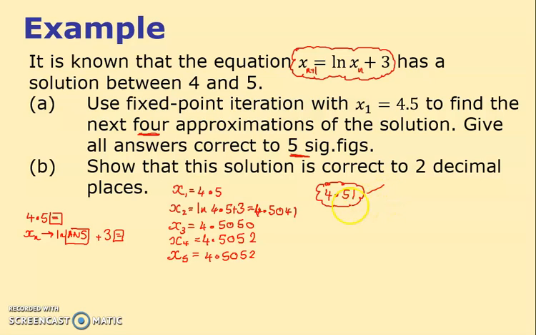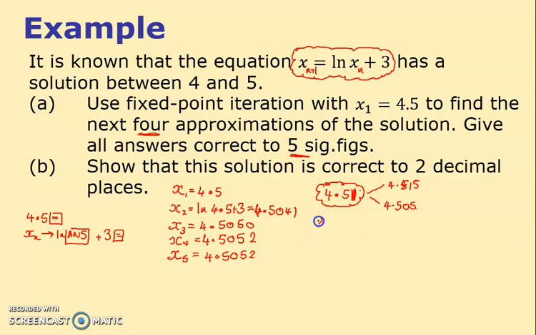If I go a little bit smaller and a little bit bigger, 4.505 and 4.515. If this is a change of sign, then I know that this is correct. 4.51 is correct to 2 decimal places.